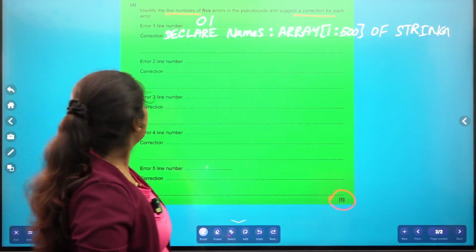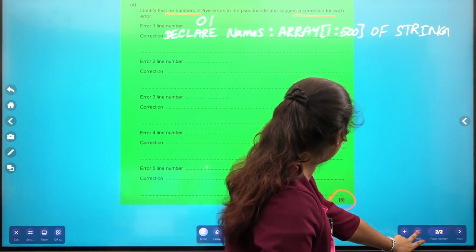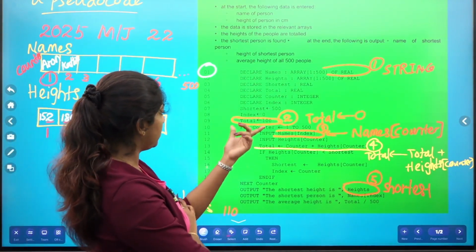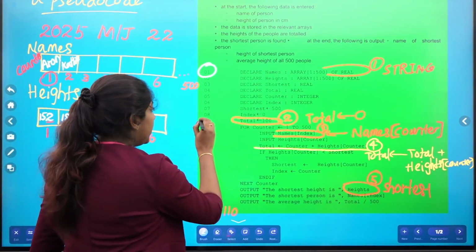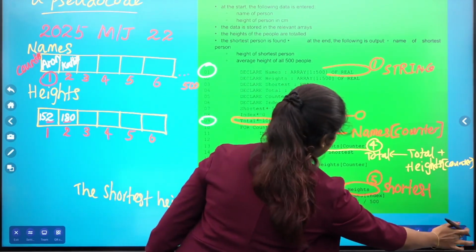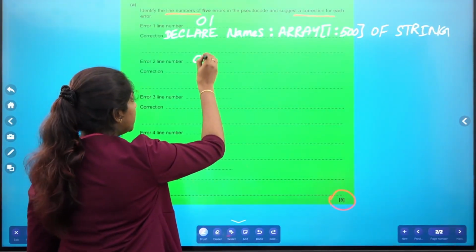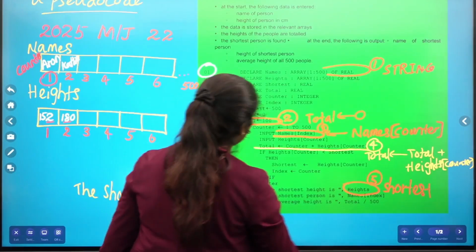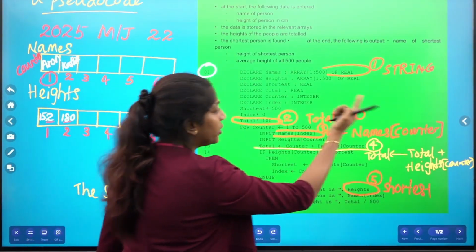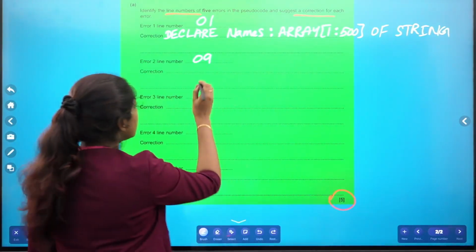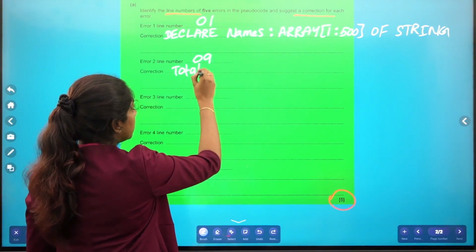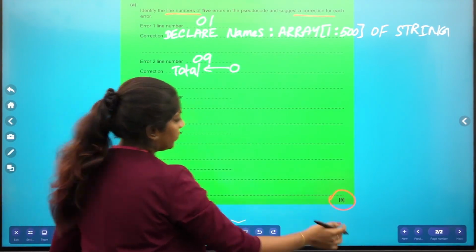Error 2 line number. What is that one? This one. The error line is line number 9. Let's write that: line number 9. And the correction. See what it has to be. It is not total equals 100. It is total equals 0. So let's write the answer: total equals 0.